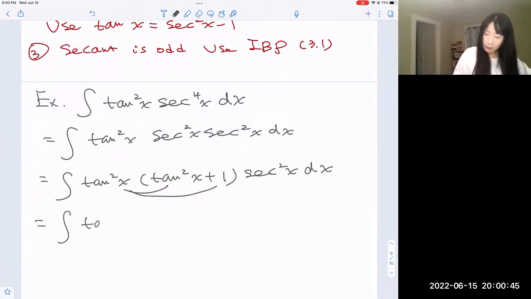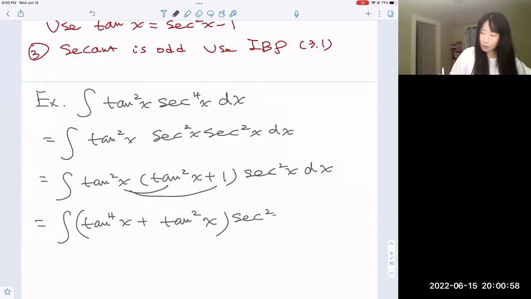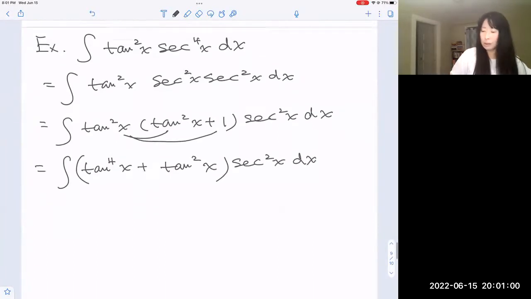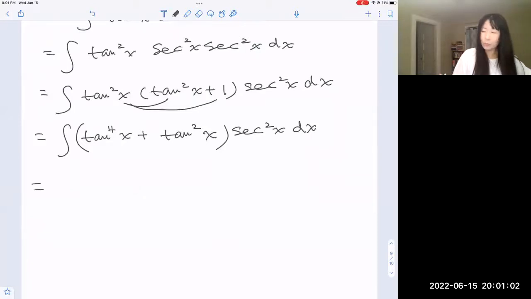So we have tan to the fourth power plus tan square x. Then we have a secant square x dx. Now we have experience, so let us integrate term by term.